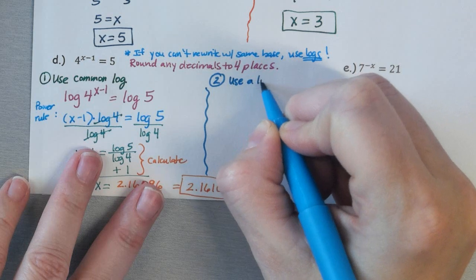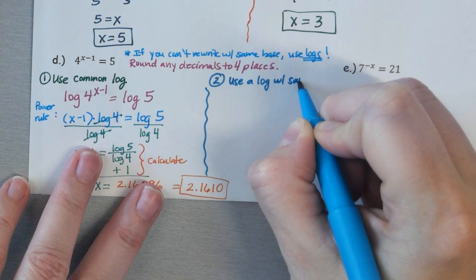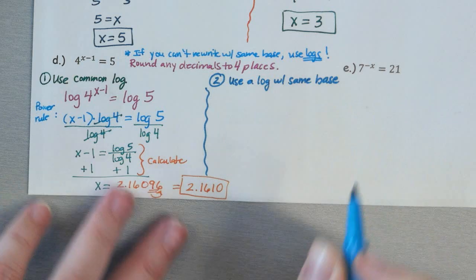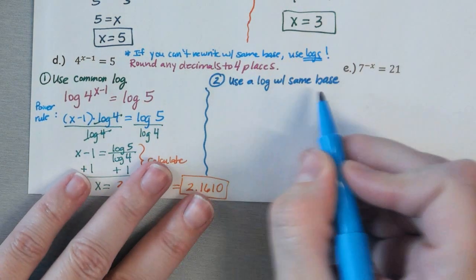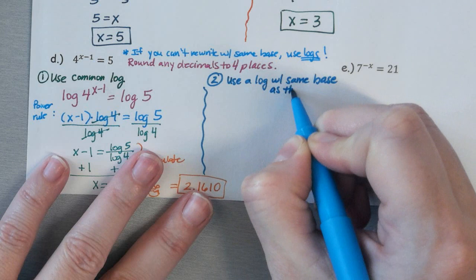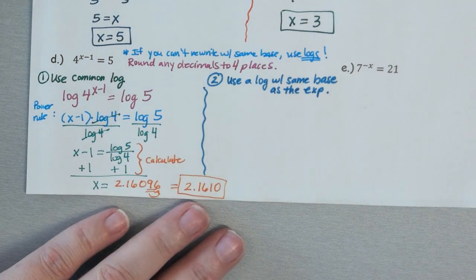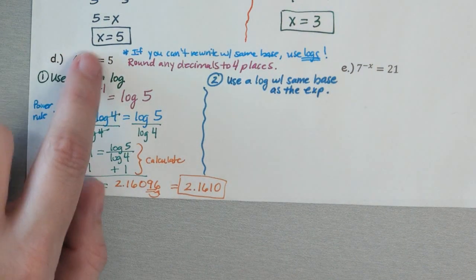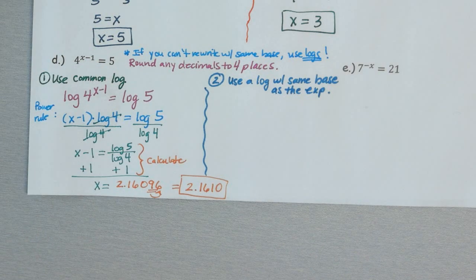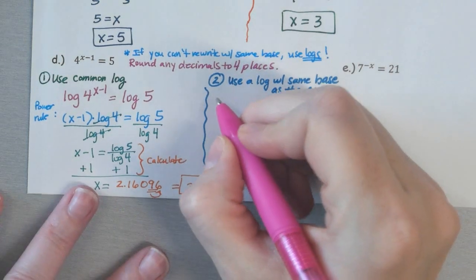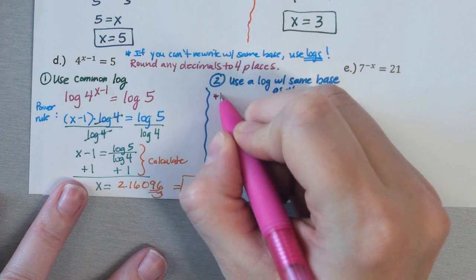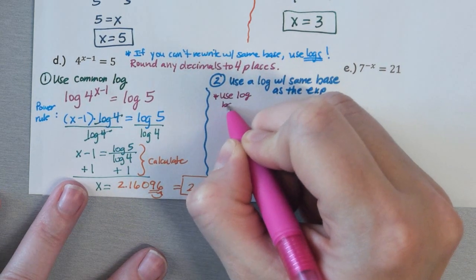So use the log with the same base as the exponent. What is the base of my exponent in this equation? 4, right? So let's just do log base 4 of both sides. So for this one, we use log base 4.